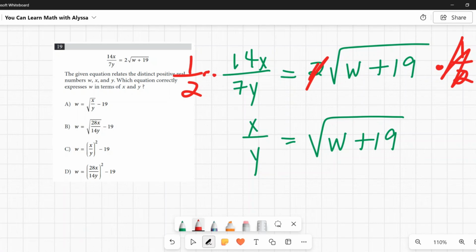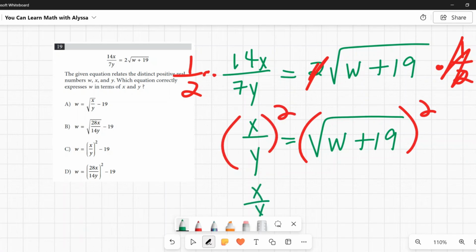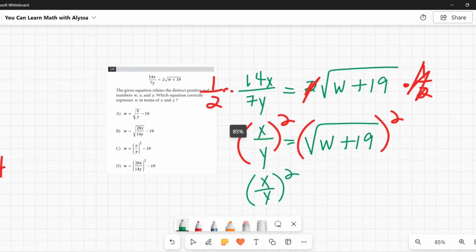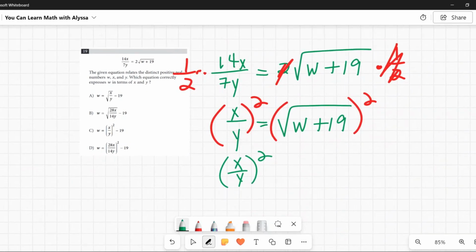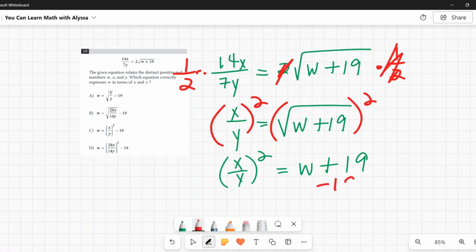To get rid of that square root, I need to square this whole thing. So I need to square both sides. On the left, I have x over y squared. Let me zoom out a little bit, running out of room as usual. So x over y squared equals w plus 19. I am going to undo that plus 19 by subtracting 19 from both sides.